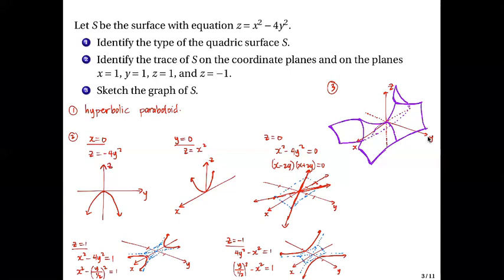Can you imagine the hyperbolic paraboloid? So that's the shape of your hyperbolic paraboloid. Questions? Okay.